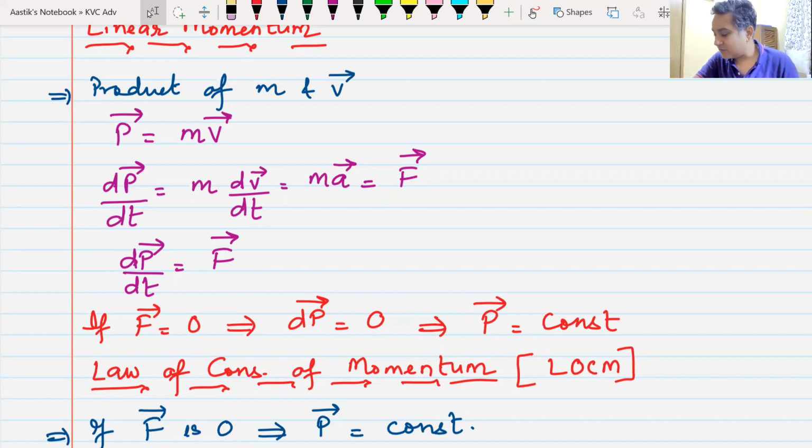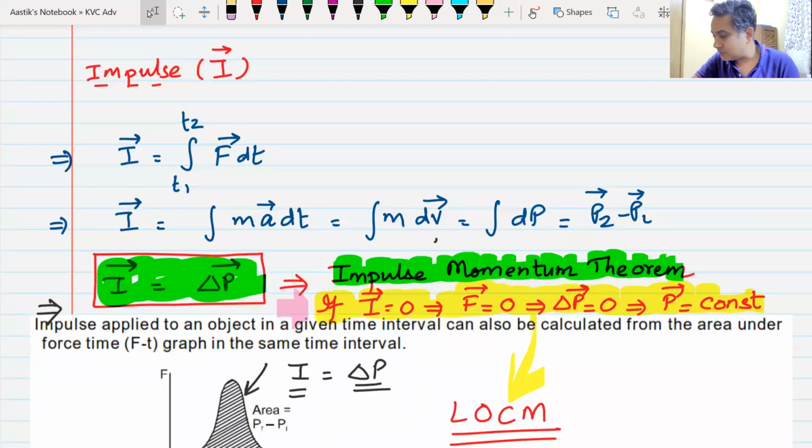If impulse acting on the particle is zero, it implies that force acting on the particle is zero, which will imply that the momentum change of the particle will be zero, which will imply that the momentum of the particle remains constant. That becomes your law of conservation of linear momentum. Do we understand this? Yes or no?